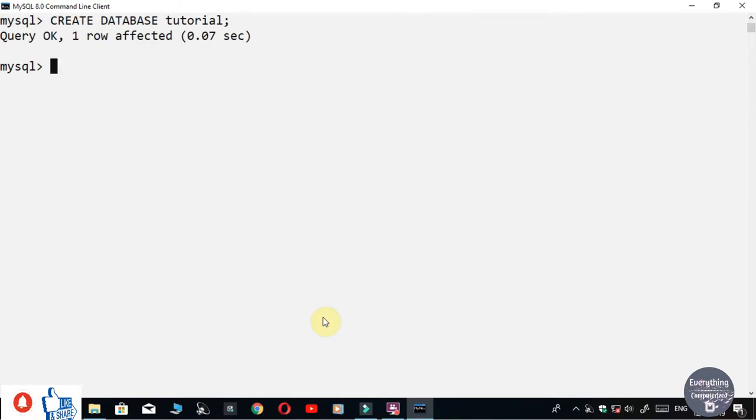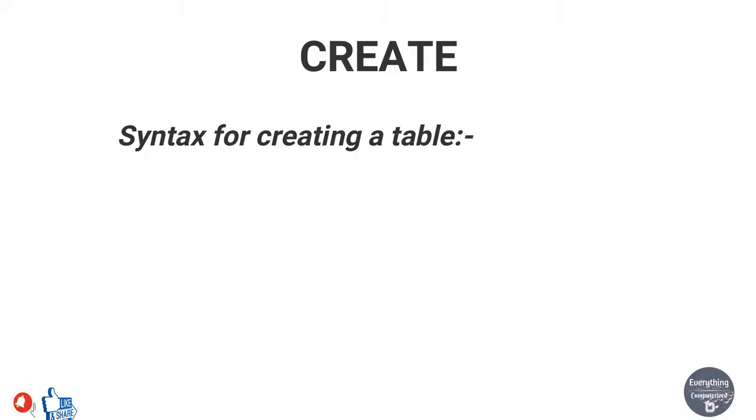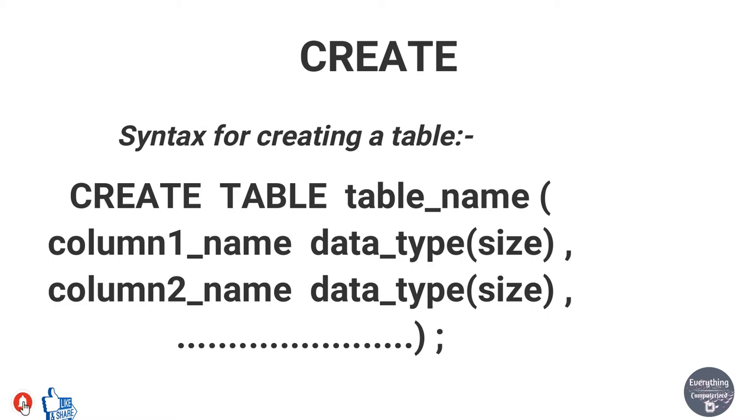We had created a database named tutorial. Now let's create a table in the database that we have created. So the basic syntax for creating a table in a database is CREATE TABLE table_name, and within the parenthesis we have to write the different fields that we have to include in the table.